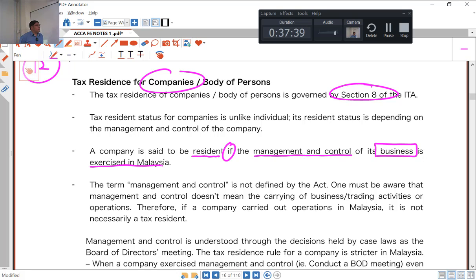I purposely draw a box with the word business.